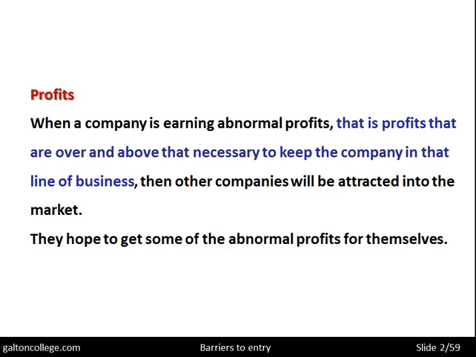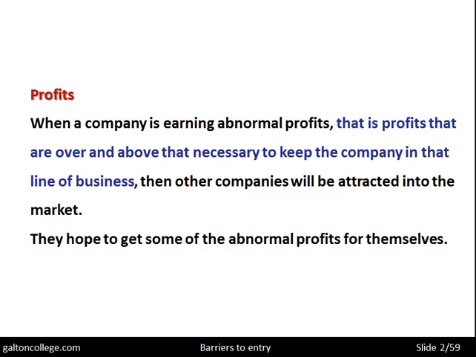Whereas abnormal profits, which are also called excessive profits, excess profits or supernormal profits, are profits that are over and above that necessary to keep the company in that line of business.